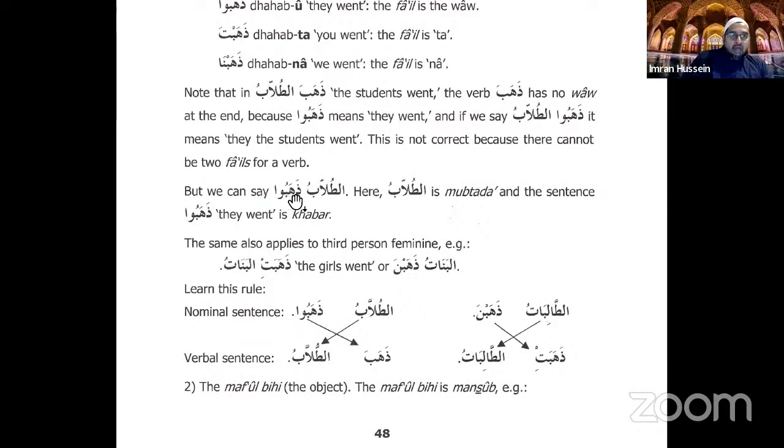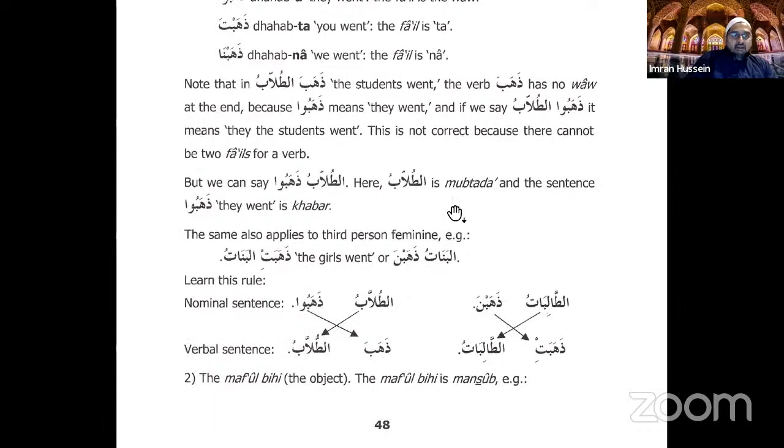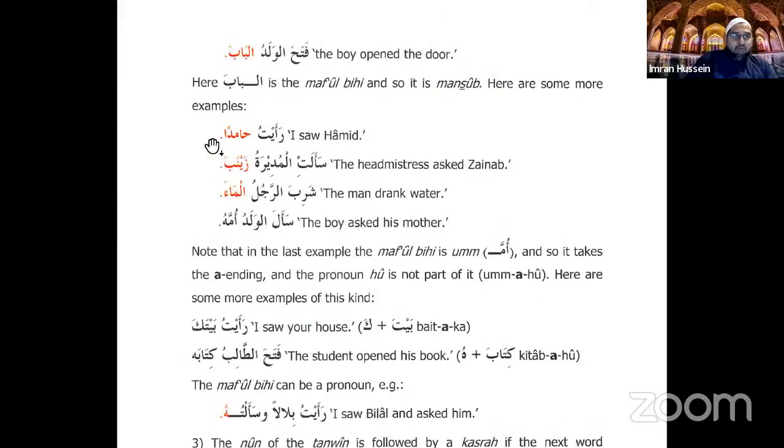So now in dhahabu, the waw here is the doer, which is reverting back to at-tullabu. So the student, they went; this they is referring back to at-tullabu. Is this clear enough, everyone? I try to explain it as easily as possible.